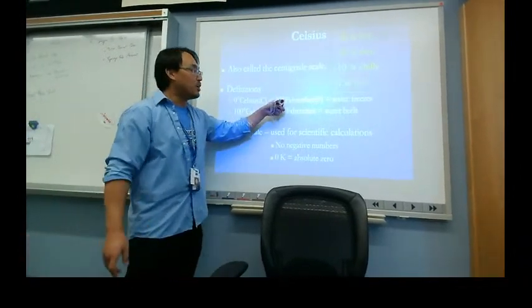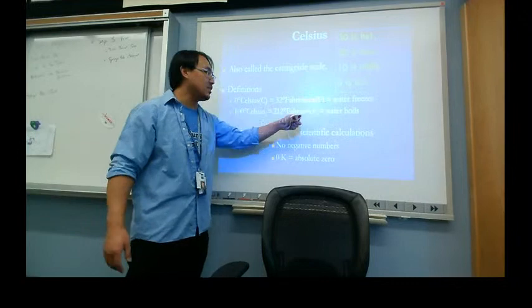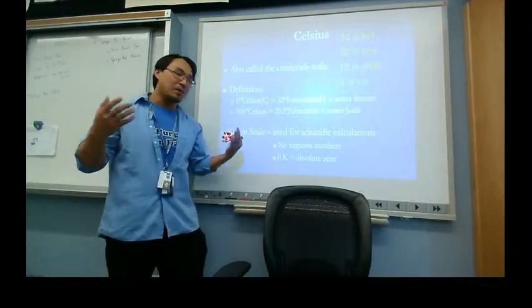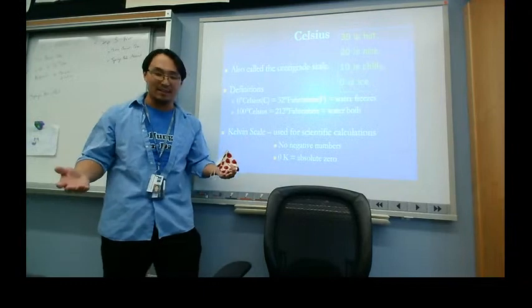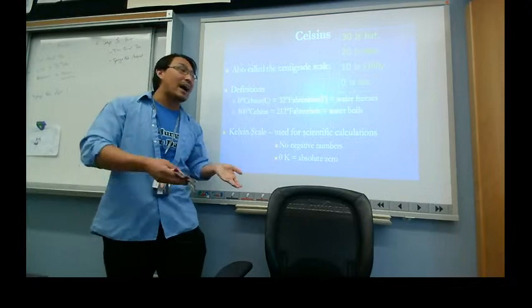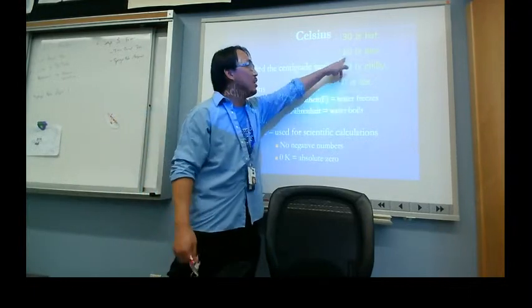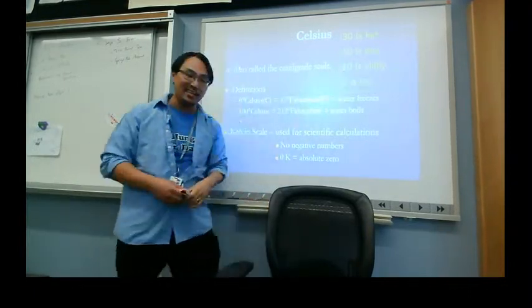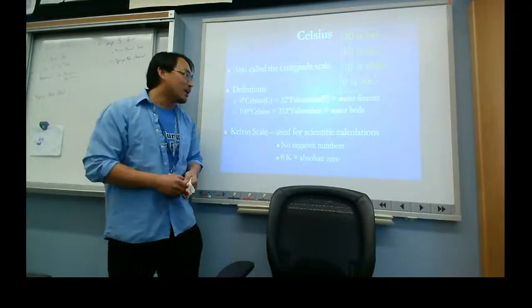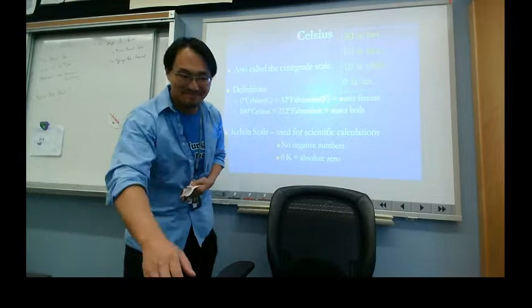So the 32 degree Fahrenheit is water freezing, whereas the 212 Fahrenheit is where water boils. Why we pick those two numbers, I have no idea. Okay? But in terms of what Celsius would look like if we were to actually use it, 30 would be hot, 20 would be nice, 10 is chilly, and 0 is ice. Seems pretty easy to me, but we apparently like the Fahrenheit system.